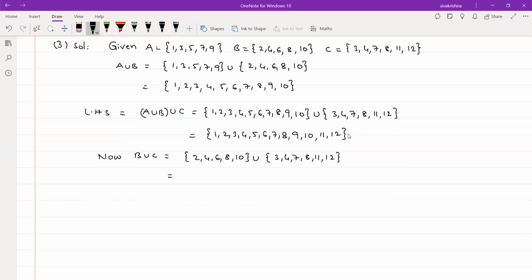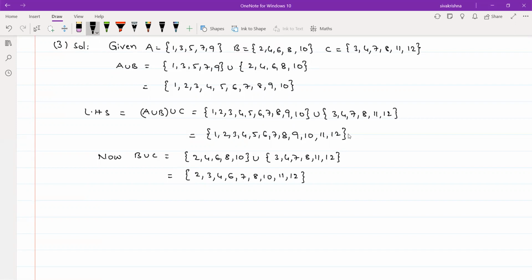Once again, if you want to write the union of these two sets, we have to write all the elements present in both the sets, and we write the repeated elements only once. So that we get 2, 3, 4, 6, 7, 8, 10, 11 and 12. These are the elements present in the set B union C.